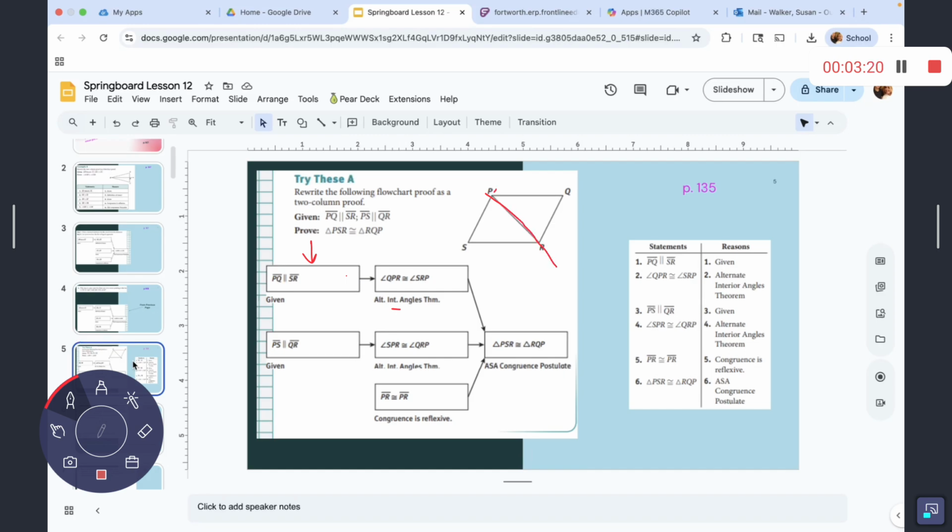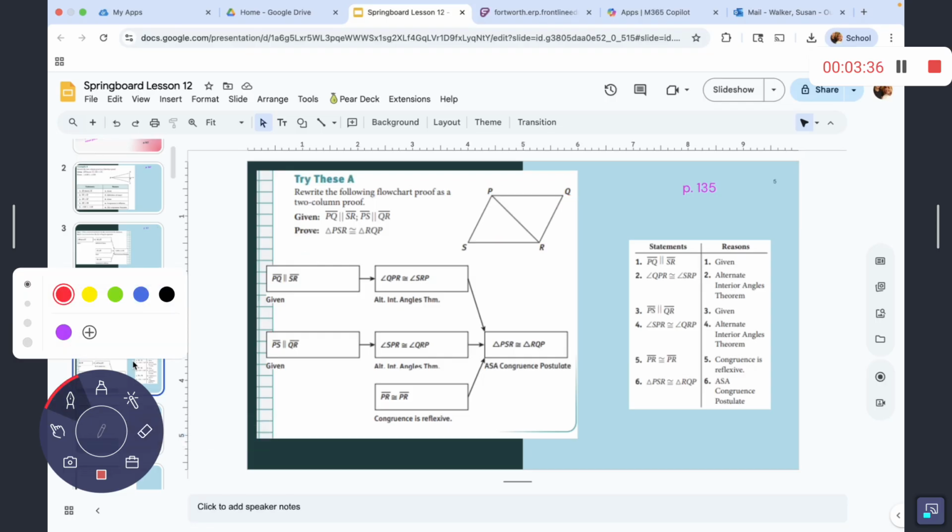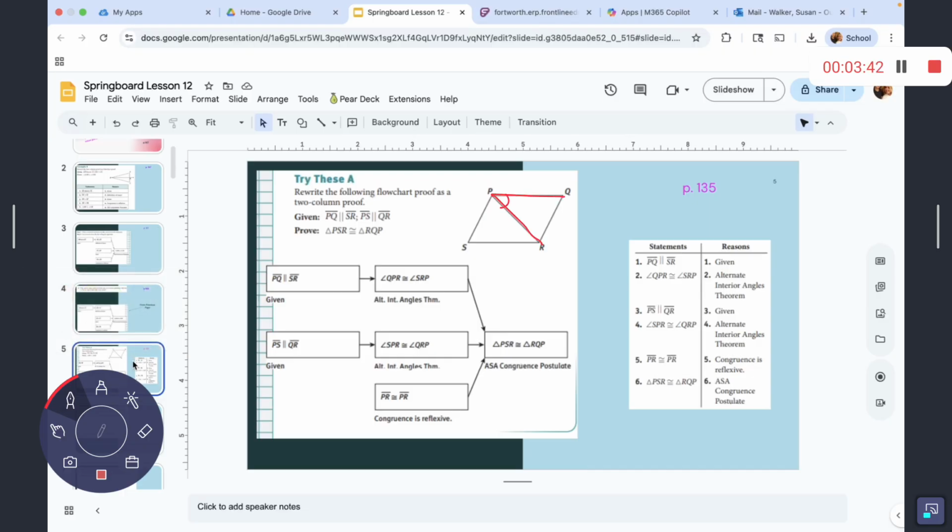When the two sides are parallel and it's cut by that transversal, it's a line segment, but we're treating it like a transversal, then we form alternate interior angles. So based on this, it says angle QPR, so QPR and SRP, those are congruent. So that's an A.